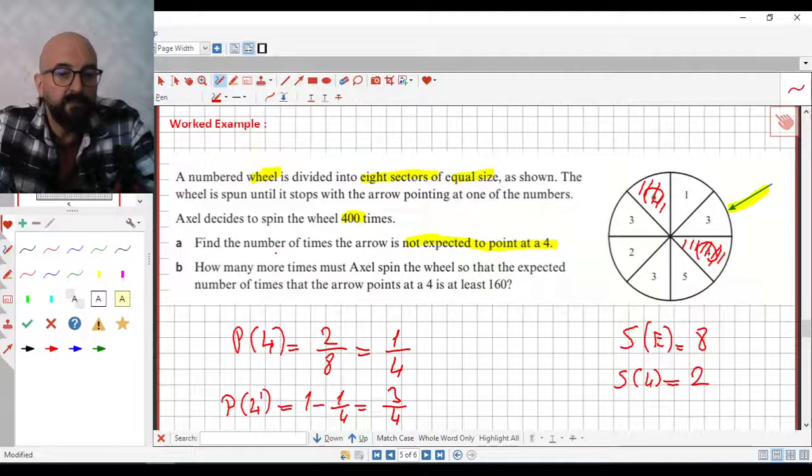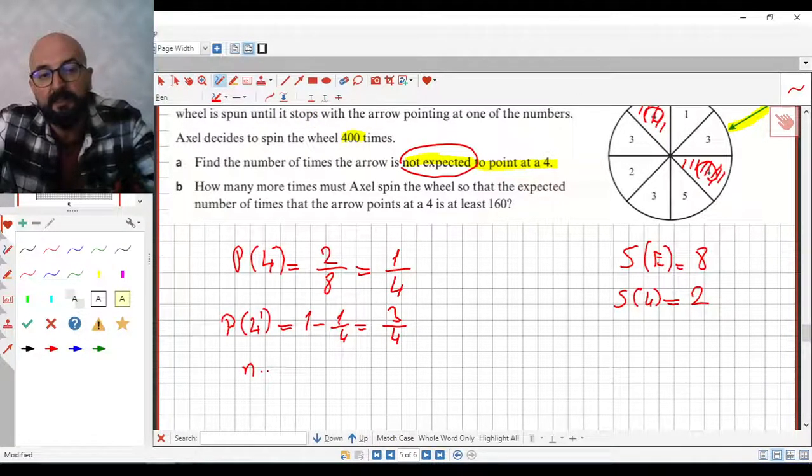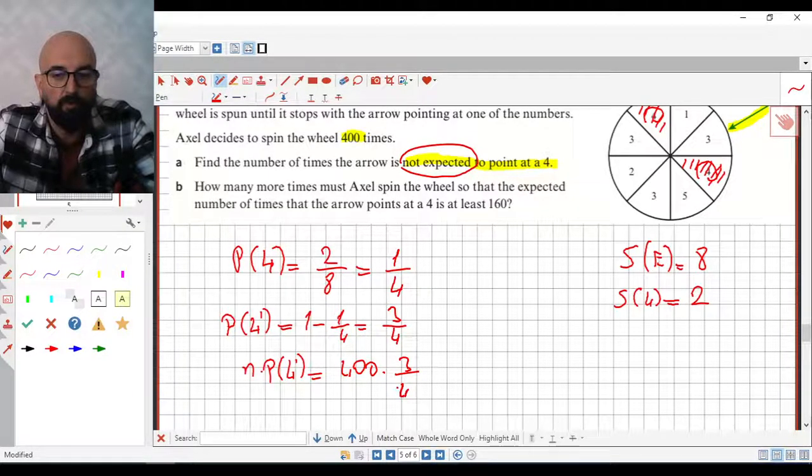The number of times the arrow is not expected to point at 4 is 400 multiplied by 3 over 4, which is 300.